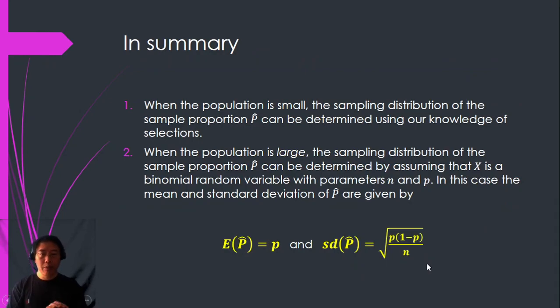Okay, so in summary, when the population is small, the sampling distribution of the proportion you can determine by using our knowledge of selections, something you need to review and be really familiar with.